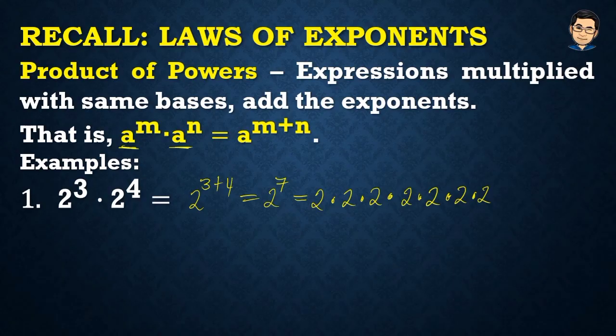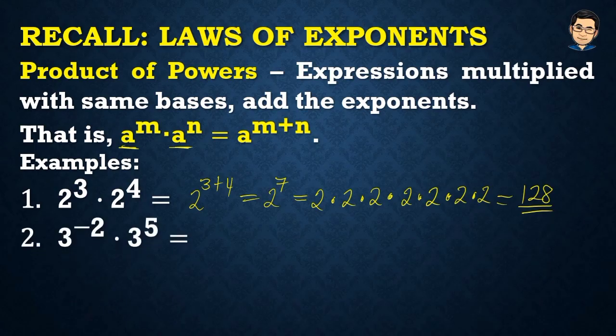It's because of the exponent 7. Now we simplify 2 raised to 7. Our final answer is not just 2 raised to 7. We need to multiply 2 seven times to itself, so that is 128. If you only write 2 raised to 7, that is wrong. It should be 128.